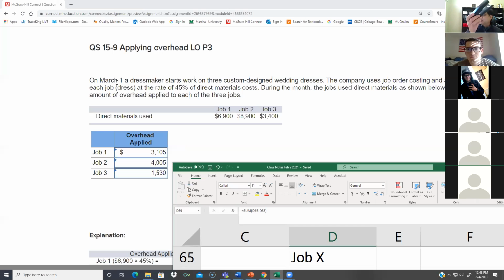As opposed to, say, here is a stapler I found on my table. Whatever company it is, suppose Swingline, what I buy from Walmart and what you buy from Walmart, you're getting the same thing. Or here is a marker.